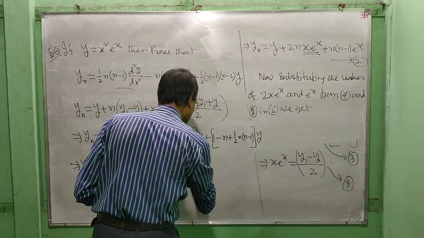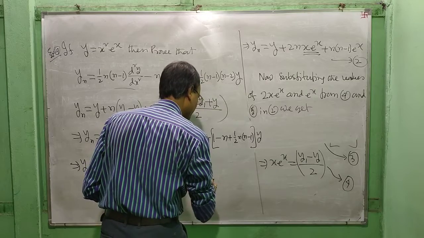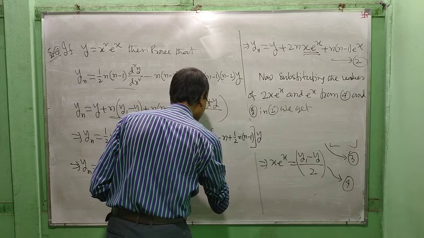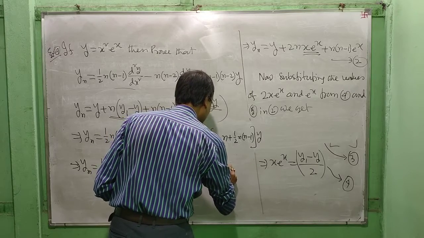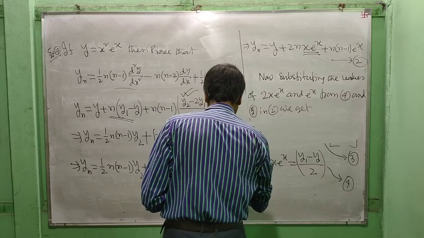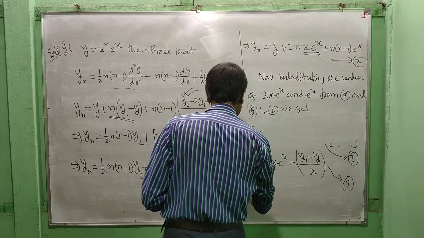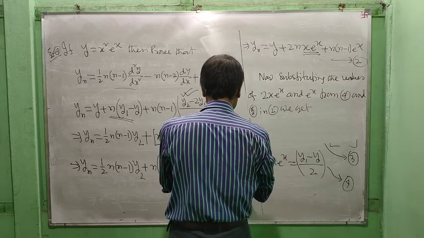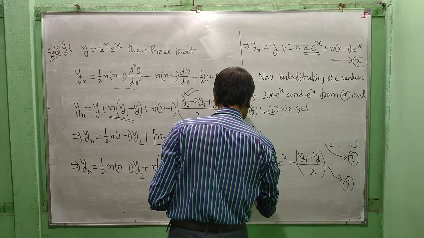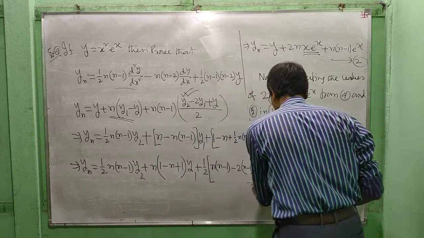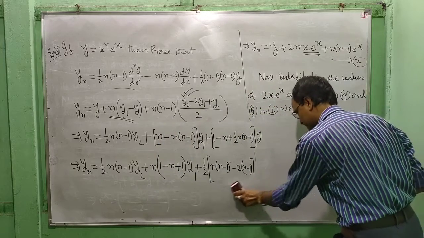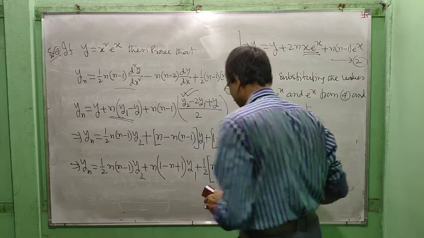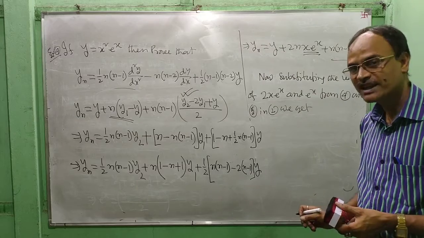From here 1 by 2 common, you will get n into n minus 1 minus 2 times of n minus 1. You may write like this. Why? N minus 1. Am I right?